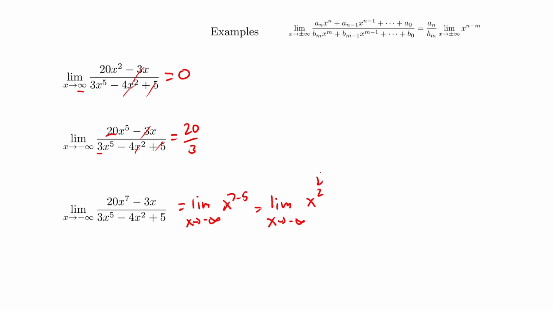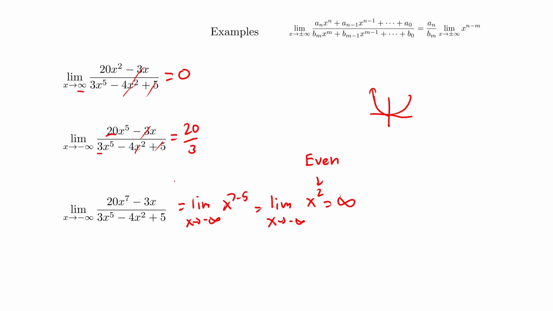And because 2 is an even number, and we're taking this as x approaches negative infinity, remember that something with even symmetry, or something that's an even function, will have y-axis symmetry. That's an easy way to remember this. So I know that as x approaches negative infinity, this function is actually increasing in an unbounded way, so it should be positive infinity.